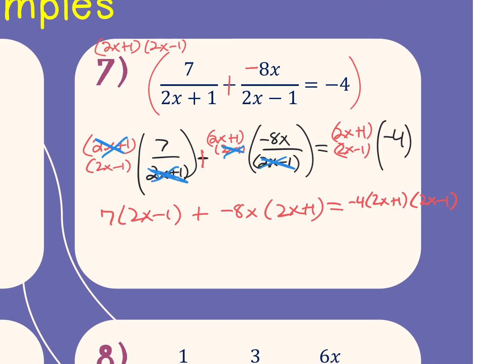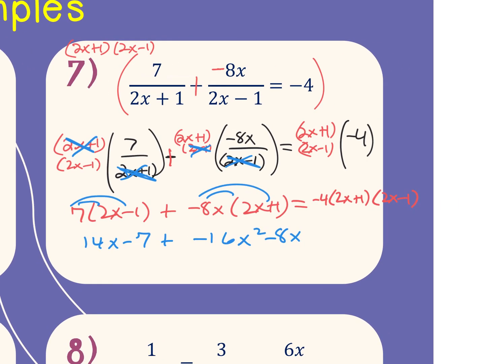So now I need to distribute, start combining like terms. So 7 to the 2x, 7 to the negative 1, 14x minus 7. Distribute this here. And this gives me negative 16x squared minus 8x.